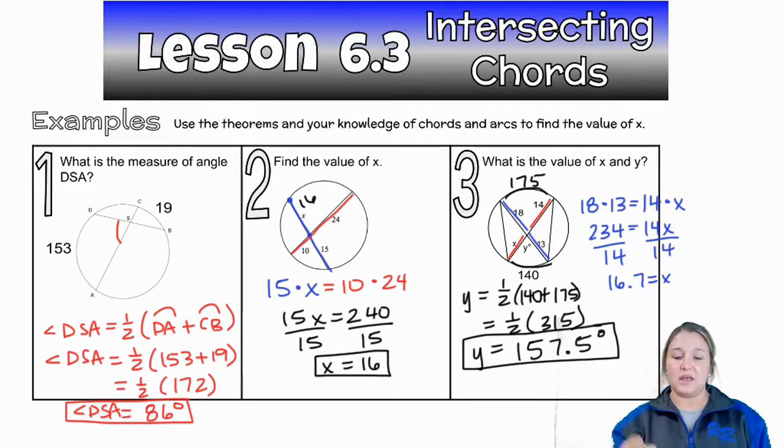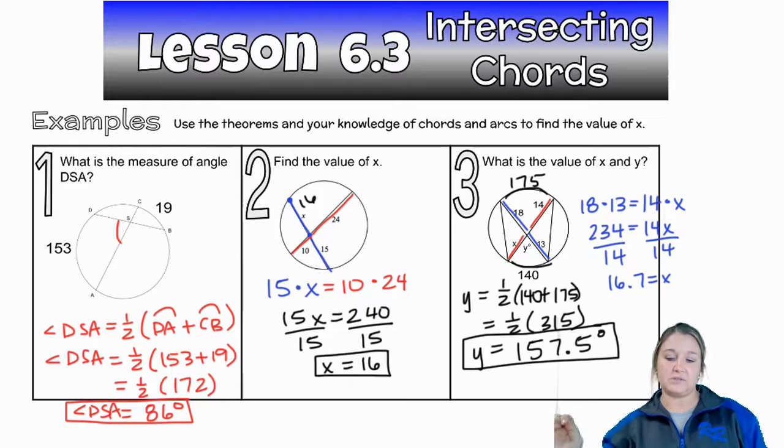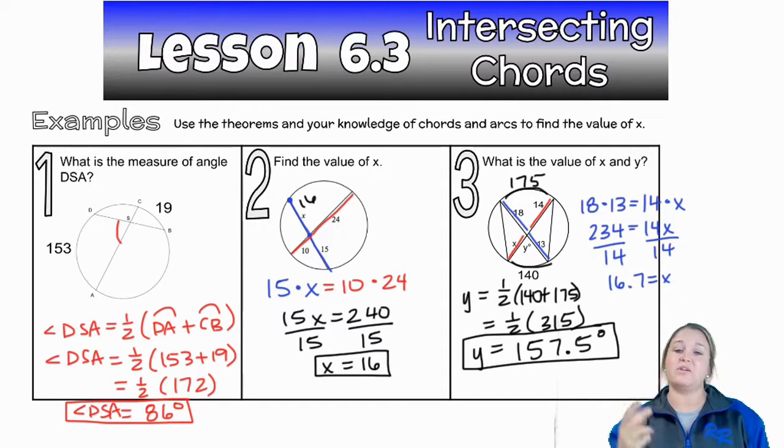The angle of the intersecting chords is going to be equal to half of the intersected arcs. And so those are the two big theorems that we worked with a little bit more today.